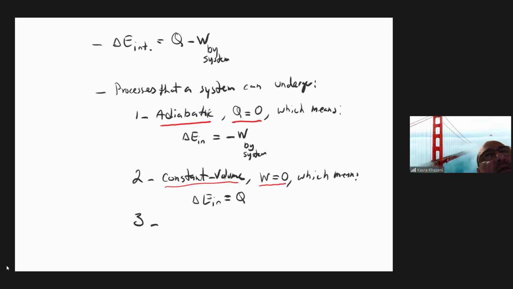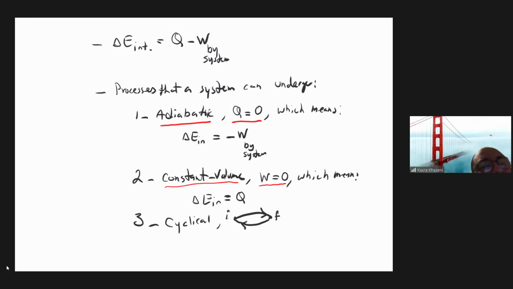Okay, three, there is a thing called a cyclical process, which means if the system goes from initial to final state, it comes back to the initial state. That's why it's called cyclical, because like a circle, it goes back to itself.